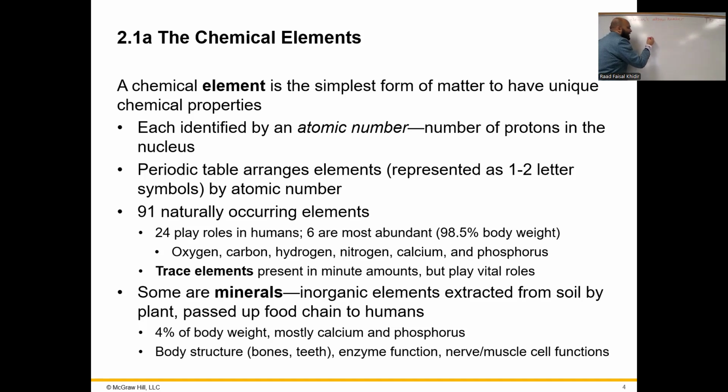You have to understand that every element must have a nucleus. This is very important. Every element must have a nucleus. And inside the nucleus, there's two things. The first thing is the P for plus, for positive.